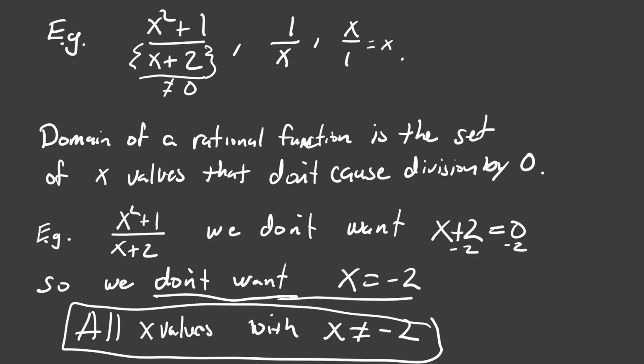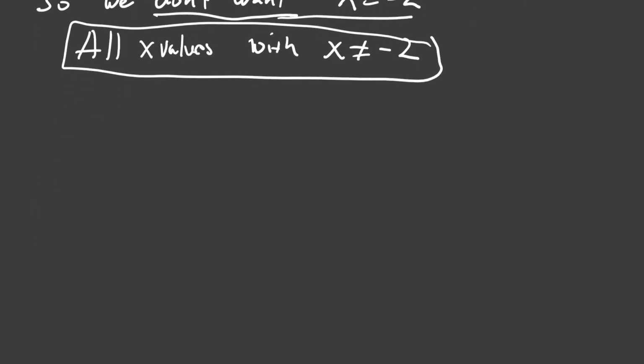Okay, that's kind of the common theme for finding these: we take the denominator and we set it equal to 0 and we solve, and those things are the things that we avoid for the rational expression. So let's do another one.